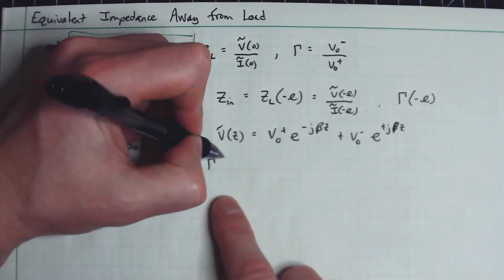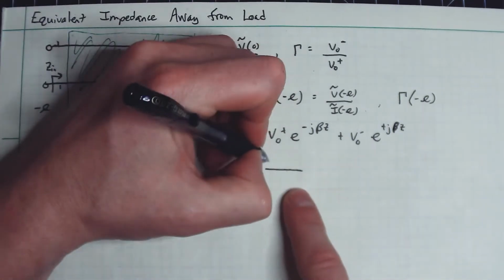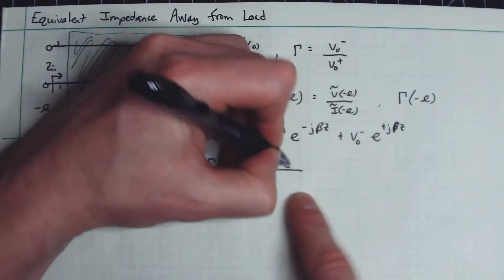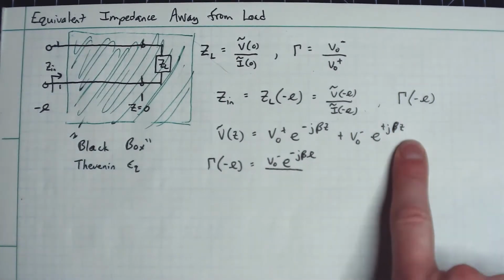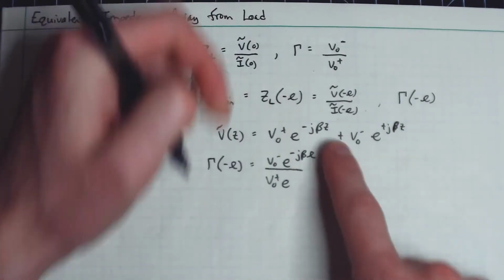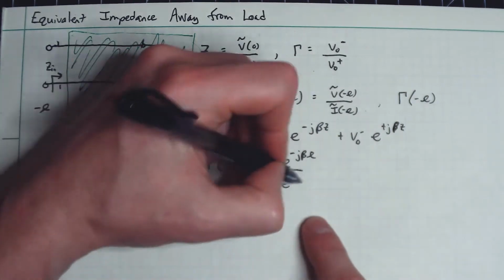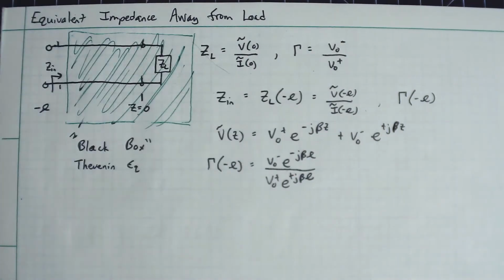So I'm going to say gamma of negative L is simply the reflected wave magnitude, which is V naught minus e to the minus j beta L. So I'm putting in negative L for Z, divided by V naught plus e to the, so a negative L, negative negative gives me plus j beta L, like so.